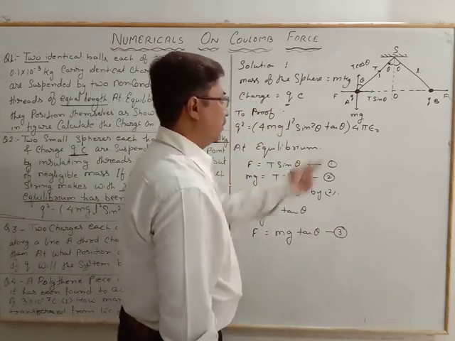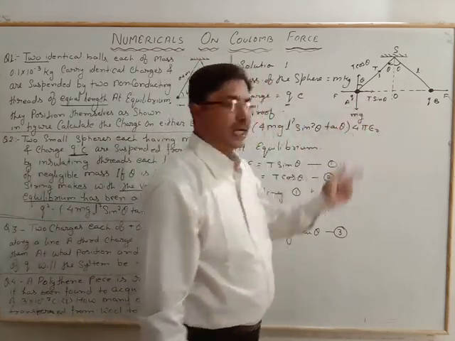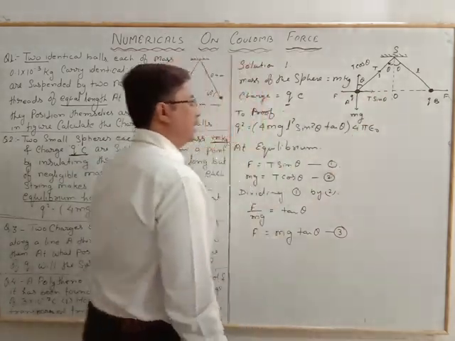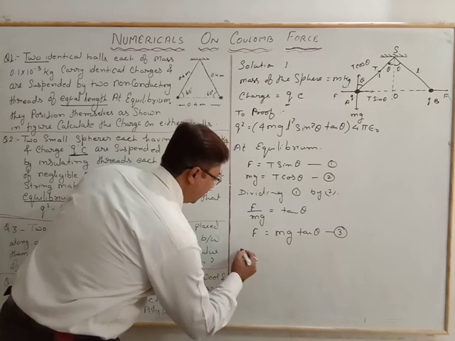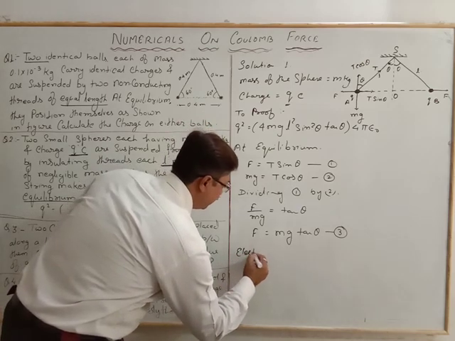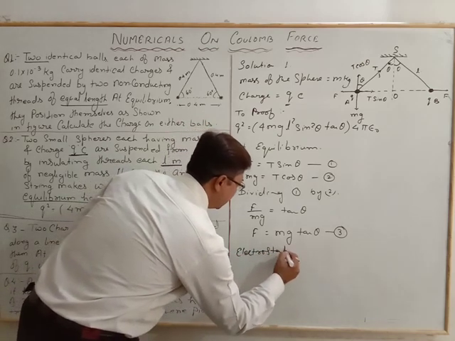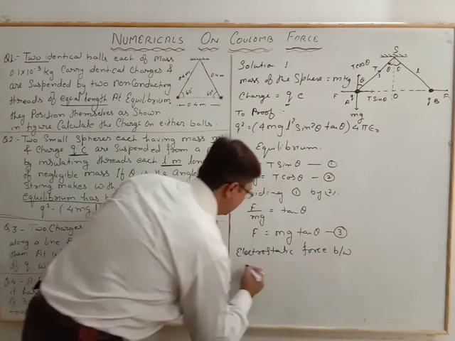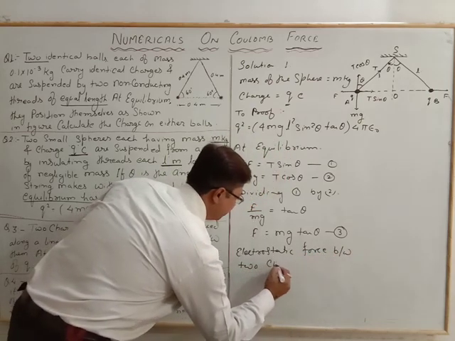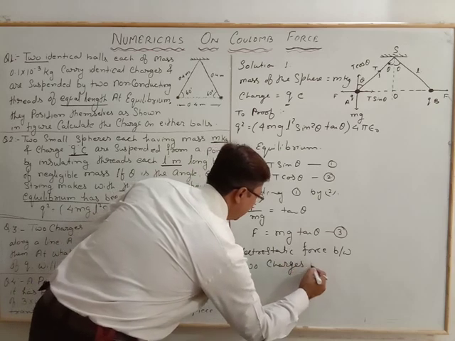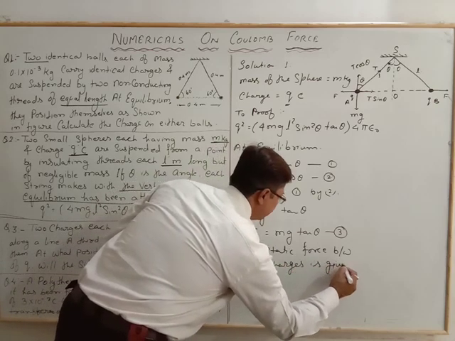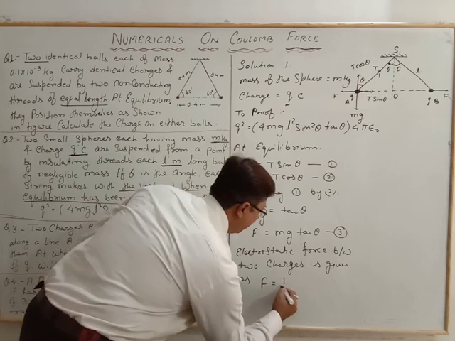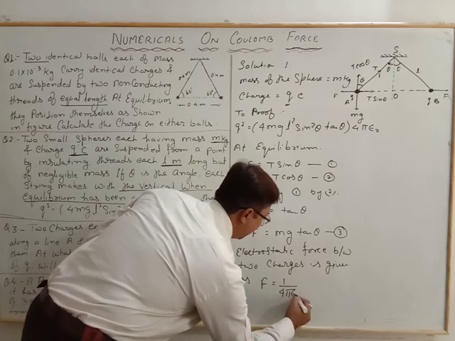Now since there are two charges, an electrostatic force is acting between the two charges, and that electrostatic force between two charges is given as F is equal to 1 by 4 pi epsilon naught.